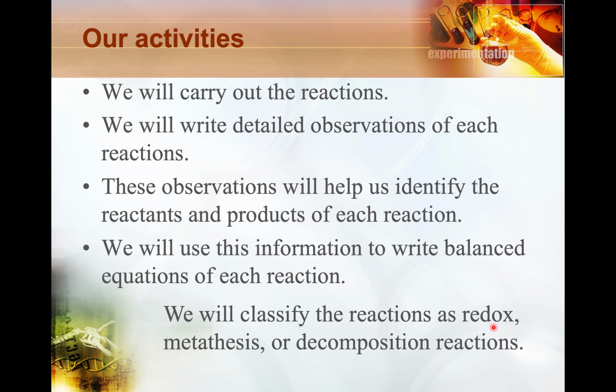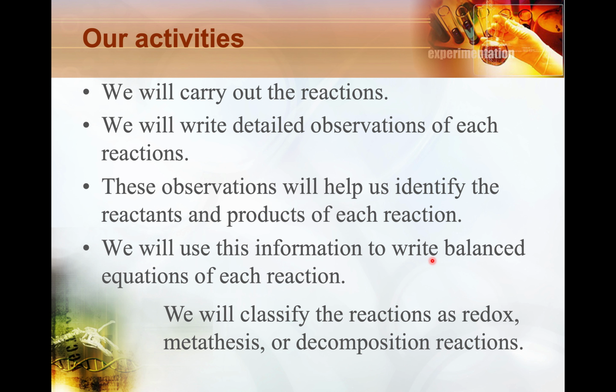While you're doing the experiment, you will, one, carry out the reactions as written down in your lab manual. You'll write detailed observations of each reaction because you'll use the different descriptions to understand what products were being made. You'll use those observations to help identify the reactants and products, and use that again to identify what type of reaction and how to write the balanced equation for each reaction.